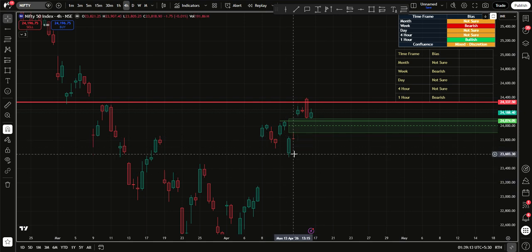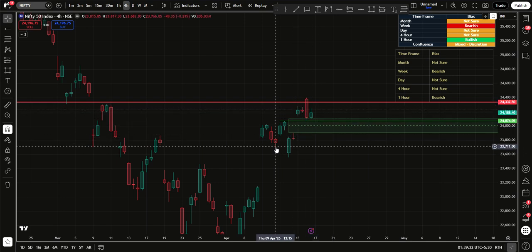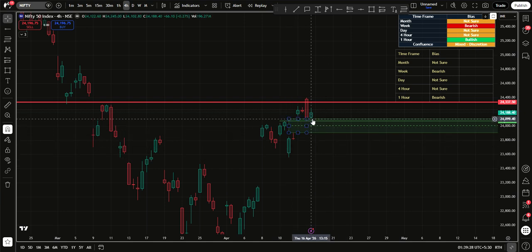On the 4-hour time frame, I'm not sure of a bias again, because you see this swing high was taken, and this is a swing low, and this last candle is lower than the previous one, so it's technically not a swing low. A swing needs to be defined by three candles.